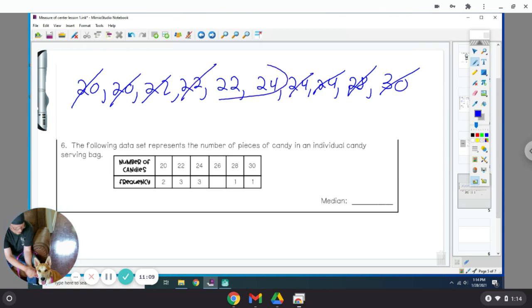So I'm left with these. 22 and 24, you can add them together and divide by 2, or just know the median between 22 and 24. The middle between that is 23.